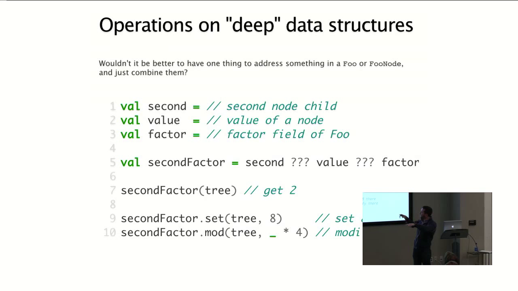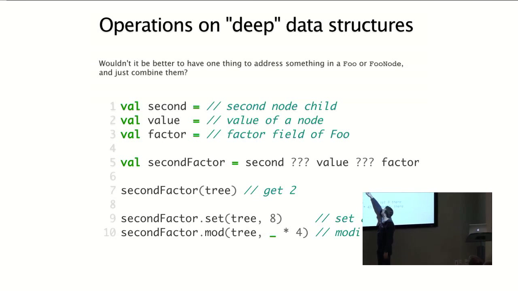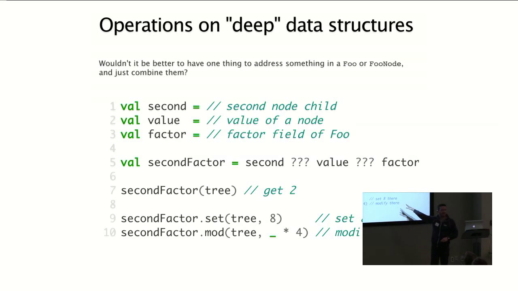And then I have this other thing which takes a foo, my class that's in the node, and pulls out the factor for me. And it would be really cool if I could just tie those together to point into the thing that I really want to deal with. It's like the path to the thing I want. It's the address of the thing I want.